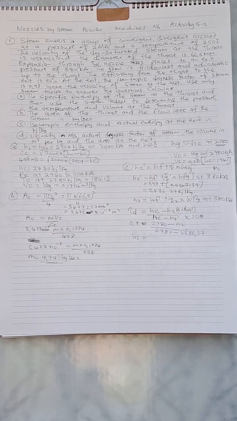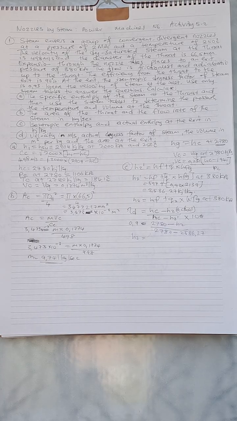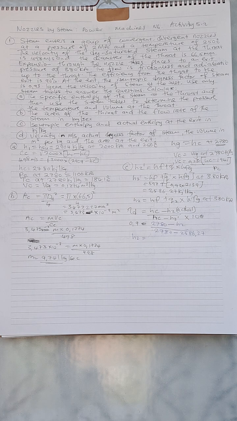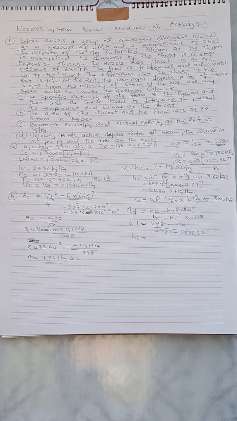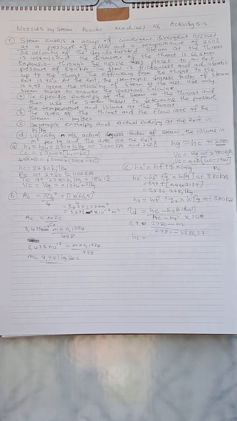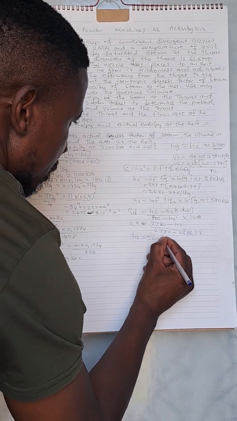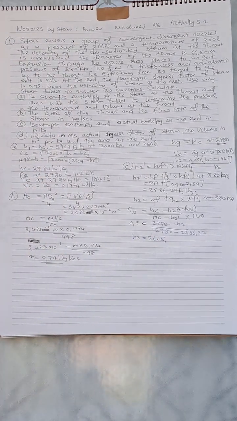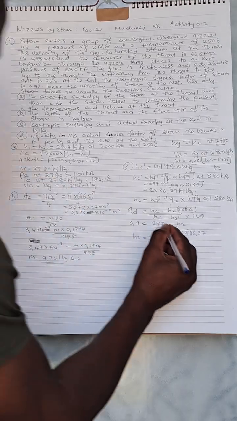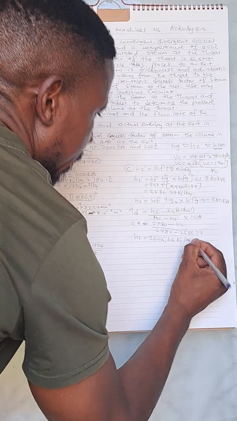Substituting, times 2780, I'm getting 2605.64 kilojoules per kg.